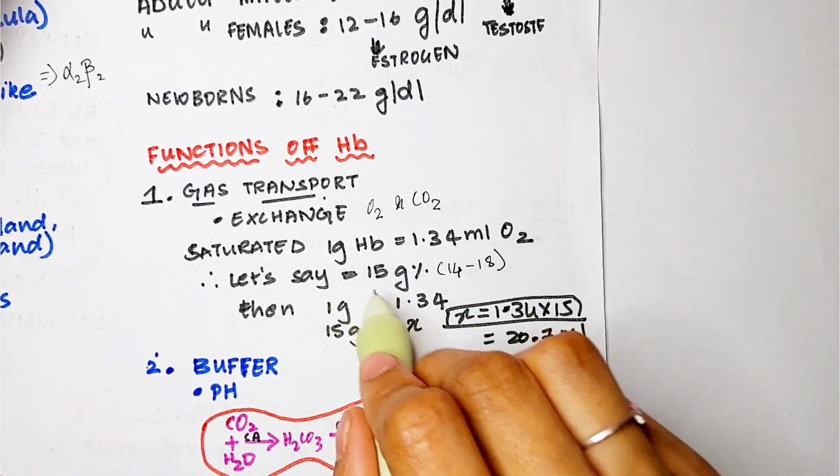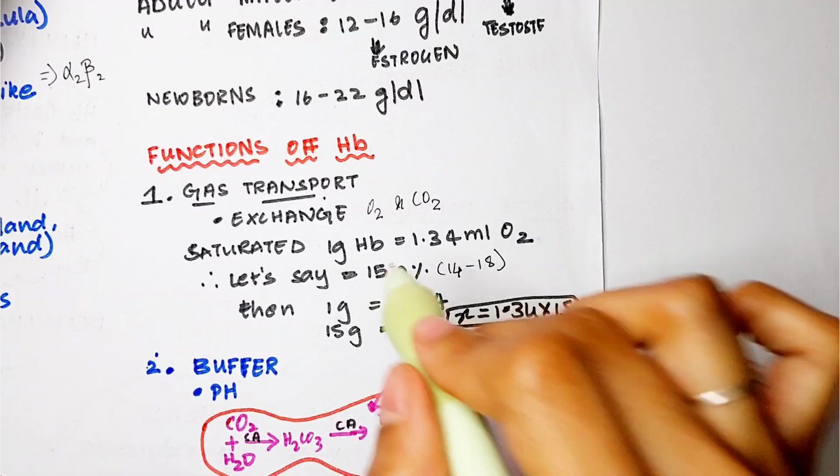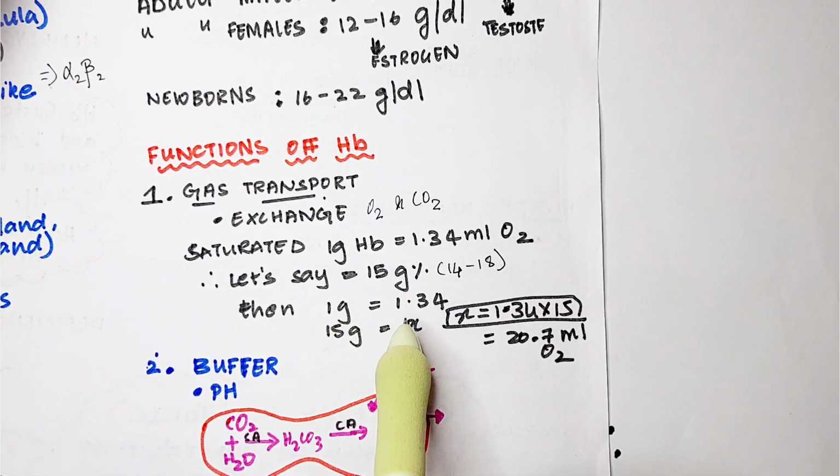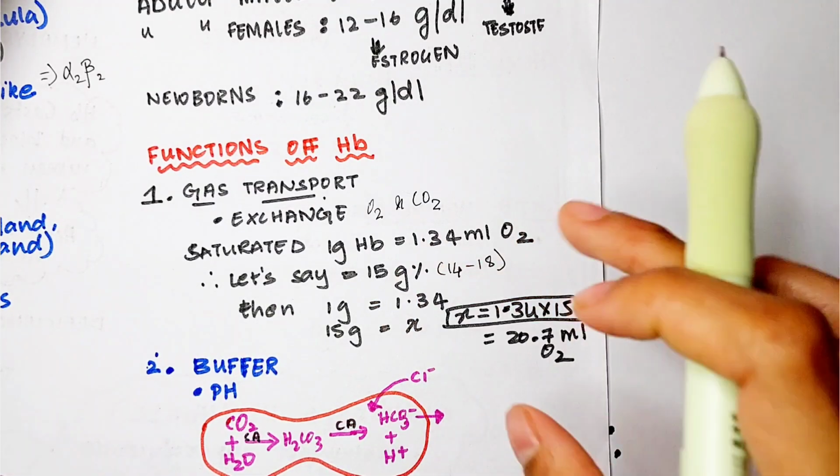How would you calculate the amount of oxygen his blood is carrying? If 1 gram contains 1.34 ml of oxygen, then 15 grams, through cross multiplication, would carry about 20.7 ml of oxygen. So this is one example.